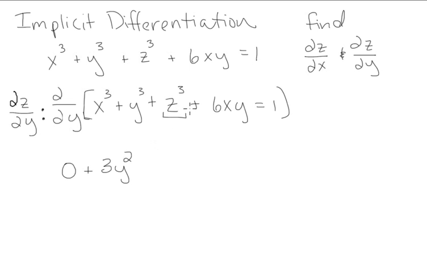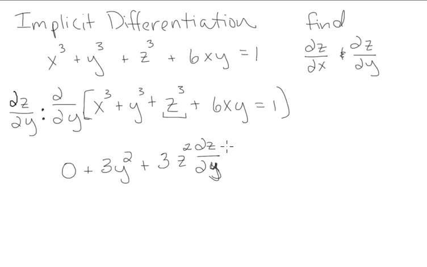I need to take the derivative of the third term, again with respect to y, and because z is an implicit function of y, I will use the chain rule. So I bring down the 3, I leave z squared, but I need to multiply it by the partial derivative dz dy. So I know that z is a function of y. I don't know what that function is, but that's okay.